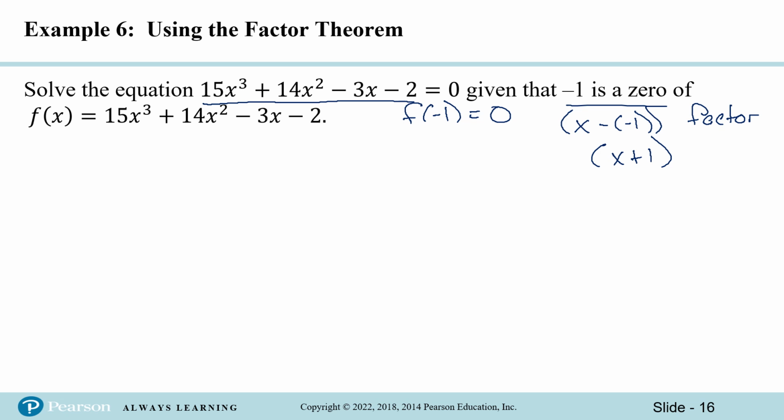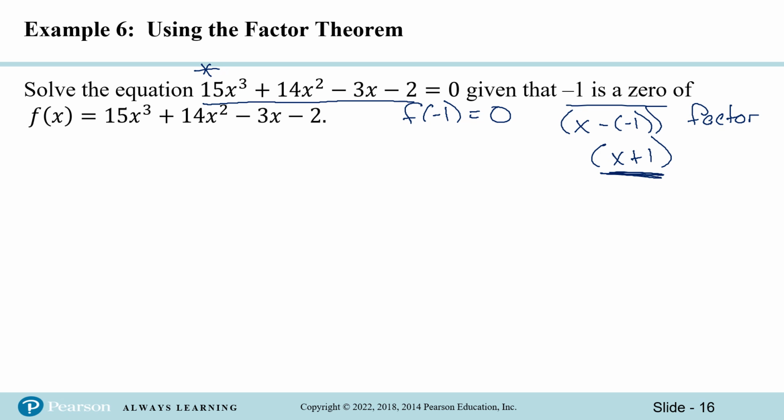And what we're going to do is use that fact, that x plus 1 is a factor, to factor this down to a point where we can factor a quadratic. Because we have tools for factoring quadratics. What we don't have is tools to factor a cubic. So let's see what we can get.